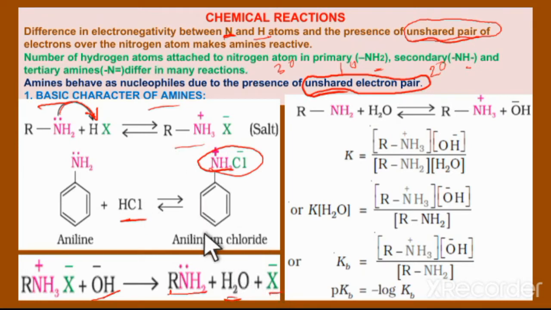The anilinium salt or amine salt is soluble in water, but insoluble in organic solvents like ether and alcohol. This reaction is the basis for the separation of amines from non-basic organic compounds which are insoluble in water. In these reactions, amines with mineral acids form ammonium salts, which shows that they are basic in nature.